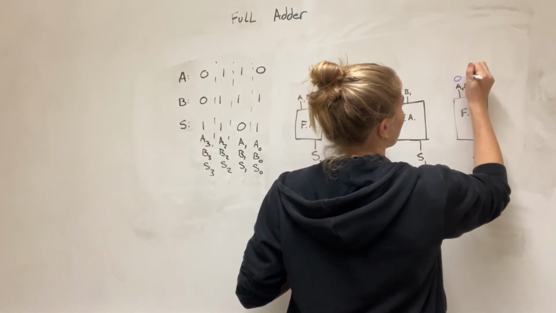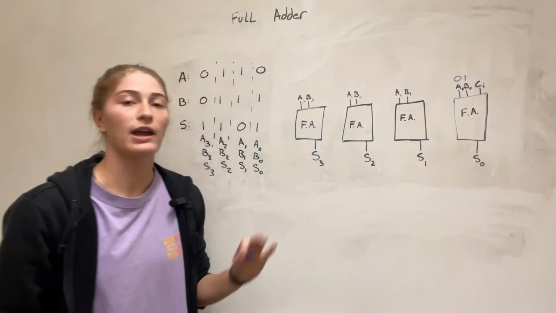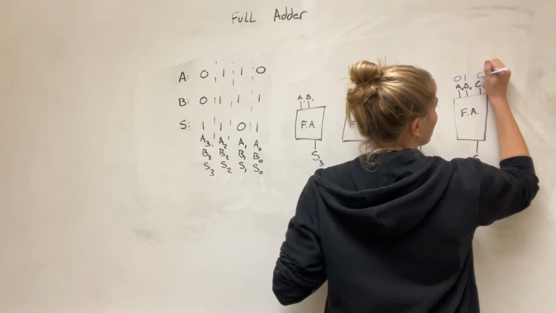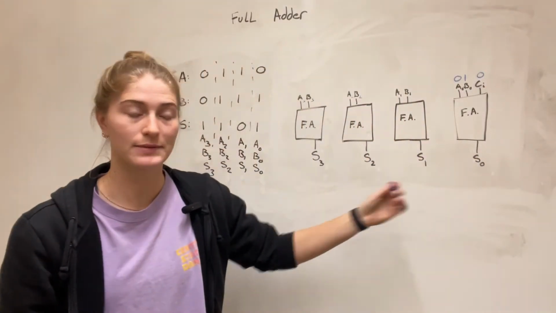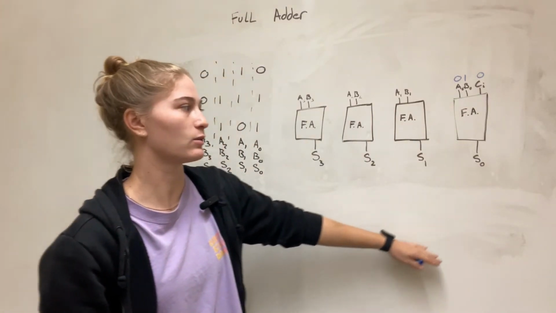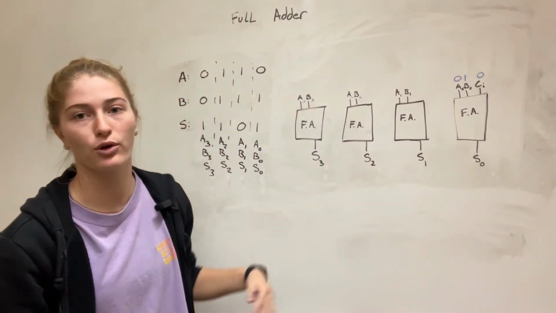I'm going to write 0 and 1 over A and B. Our carry in to start with here is also 0 because we haven't done any addition beforehand. And in this graph, we're going to be moving right to left, following the 0, 1, 2, 3 progression.